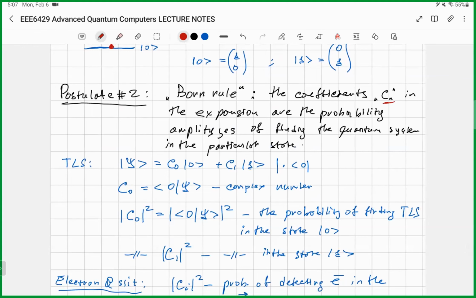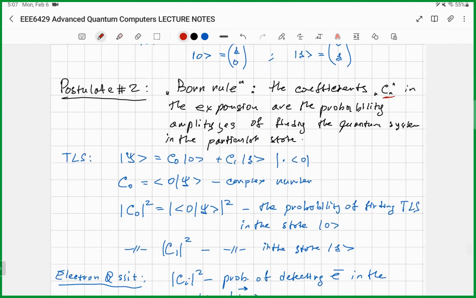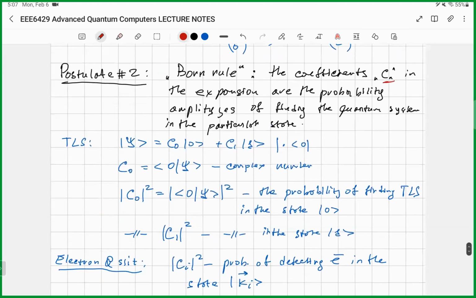These probability amplitudes are complex, and if I want to get the real probability of finding the system in a particular quantum state, then I have to take the modulus square of this complex coefficient.